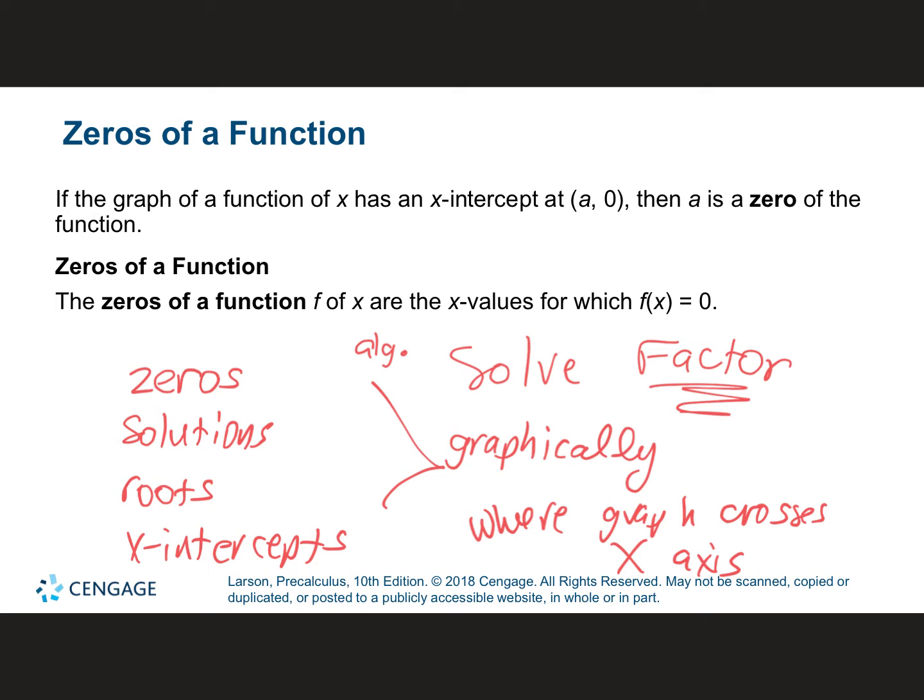So it's super easy when I give you a graph and say, where are all the zeros? You literally just look and see where it crosses the x-axis. If you're asked to find the zeros algebraically, then you have to solve.